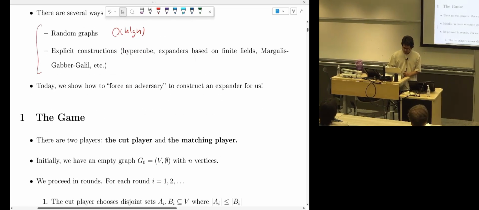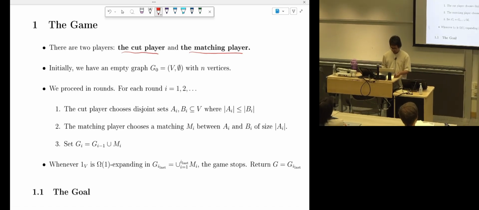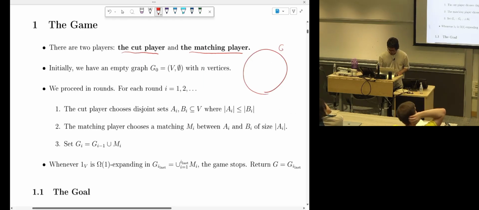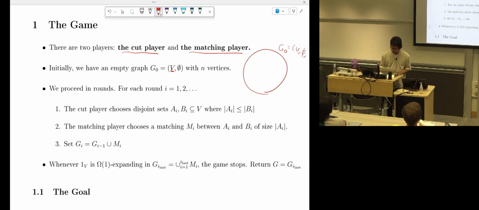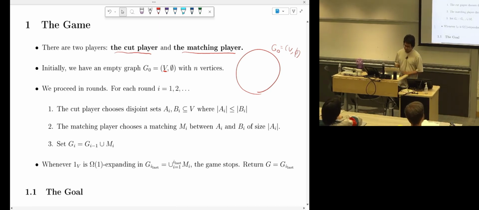Okay. So now let me describe the game. There are going to be two players, a cut player and a matching player. Initially there's just an empty graph G0, with vertex set V and no edges.